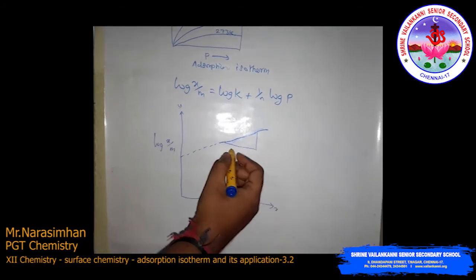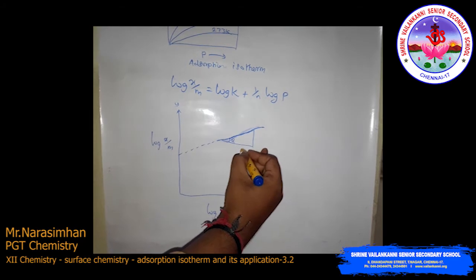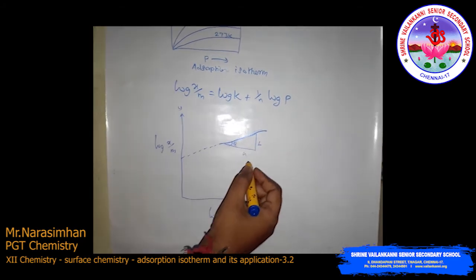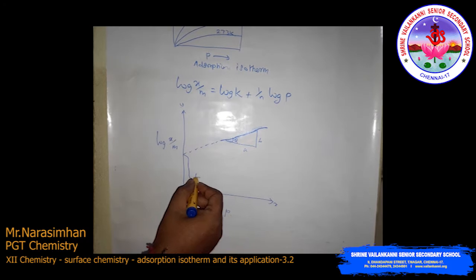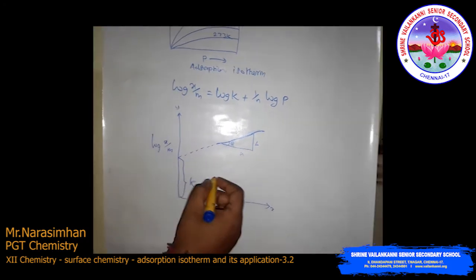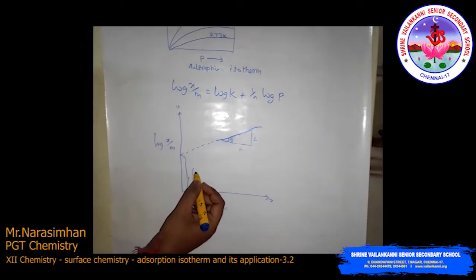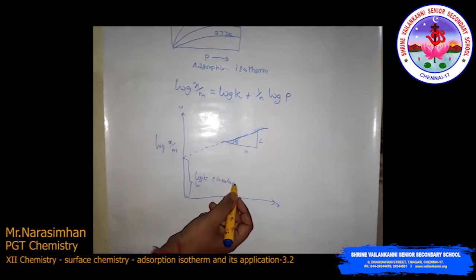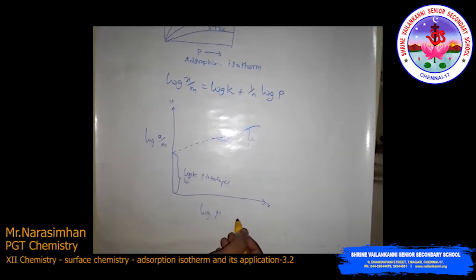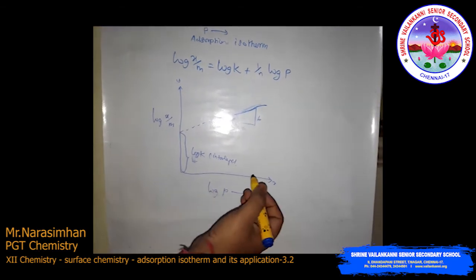The intercept is log k, on the y-axis, and this is log P. The pressure goes like this.